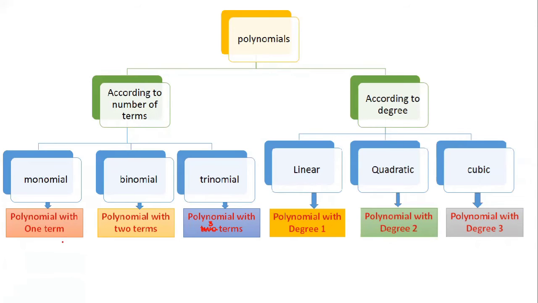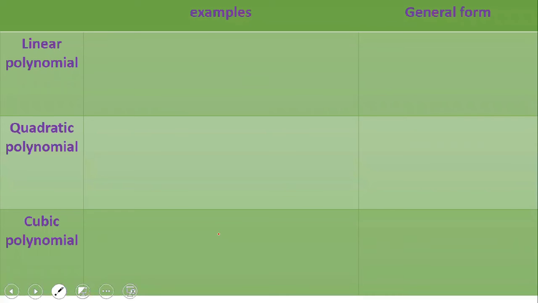One term monomial, 2 terms binomial, 3 terms trinomial. But all monomials, binomials, trinomials are polynomials. Only they have been given a specific name. If the polynomial has more than 3 terms, we generally call it a polynomial. There is no specific name for them.